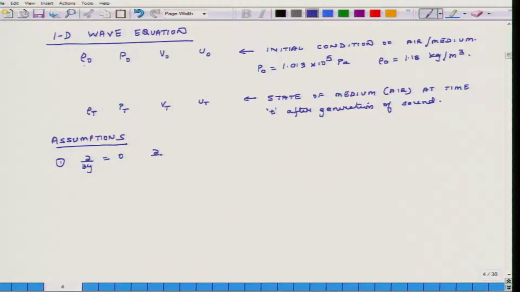That is, the partial of any entity, and this entity could be density, pressure, velocity or volume, in the y and z directions is 0. This is the 1D assumption.